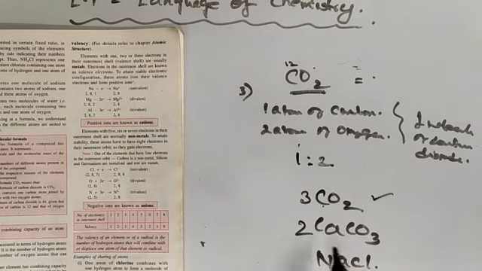Next, 2 molecules of calcium carbonate contain 2 atoms of calcium, 2 atoms of carbon and 3 into 2, 6 atoms of oxygen. Similarly, in this way we will continue with the next also.